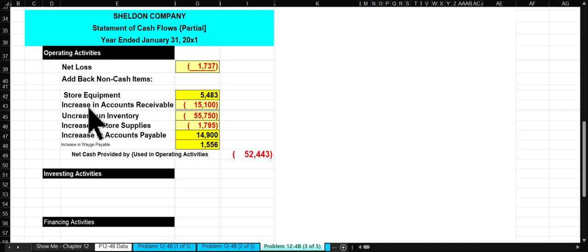This is not a required part of the assignment, but I just thought I would show you a part of the fourth major financial statement, which is the statement of cash flow. And it shows you the inflow and outflow of cash, which is broken down into three major areas: operating activities, investing activities, and financing activities.